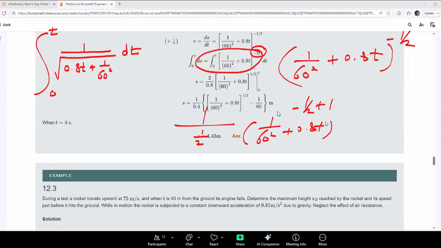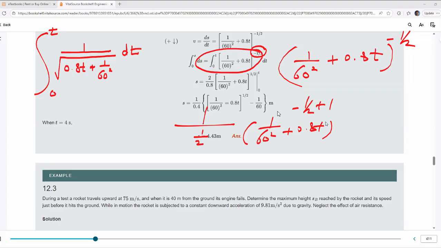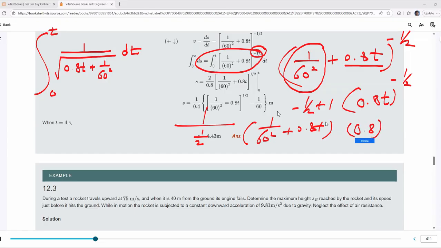In this case, we cannot do that because we have an additional term. If we have only this guy, then we can do that. If we have only 0.8t to the negative 1 over 2, then we separate them: 1 over 0.8 to the negative 1 over 2, times t to the negative 1 over 2.